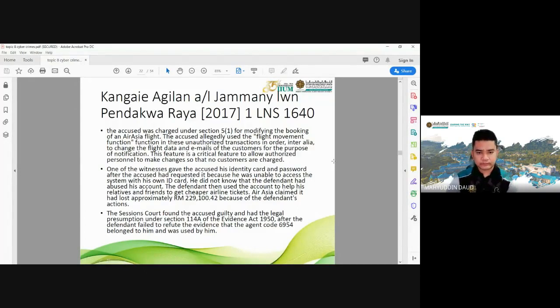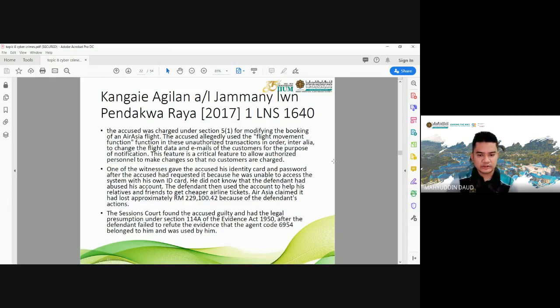The accused allegedly used this flight movement function, and then basically he changed the flight data and email of the customers. This feature is critical to allow authorized personnel to make changes so that no customers are charged. So maknanya kat sini dia tukar, lepas tu dapat free lah.